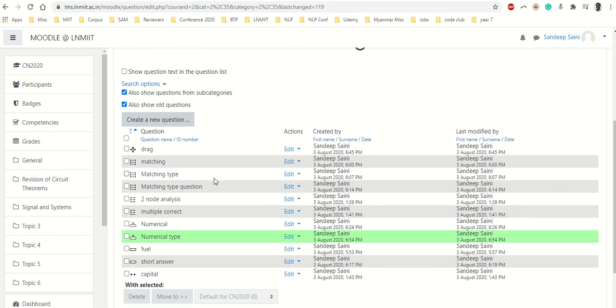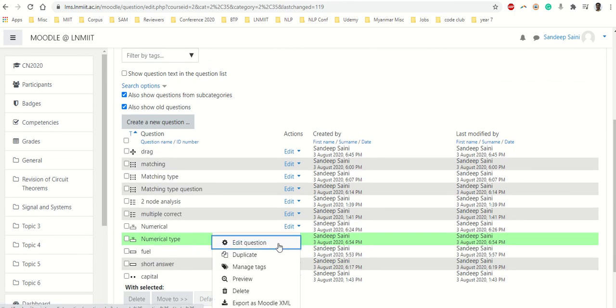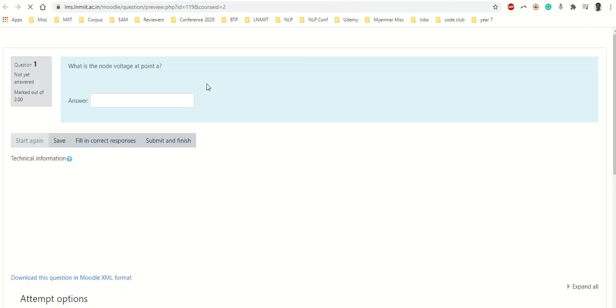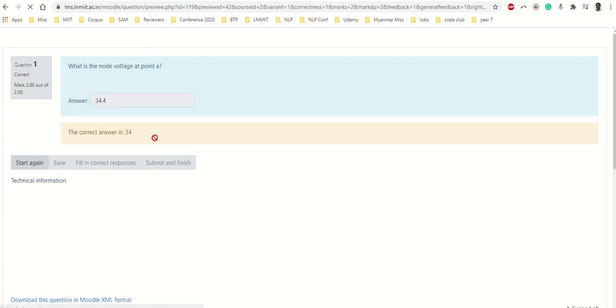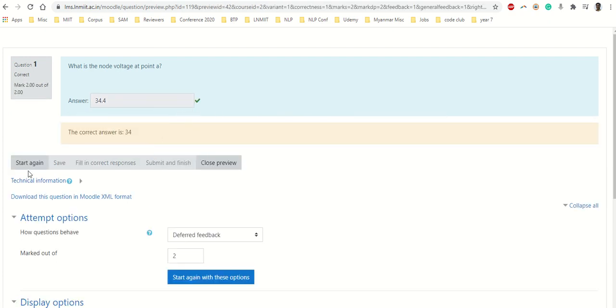and then we preview. So this is a numerical type question and we preview it. So we are asking what is the node voltage, and actually we changed that there are two possible answers. One is 34. So instead of 34 I write 34.4 and I submit and it is correct.